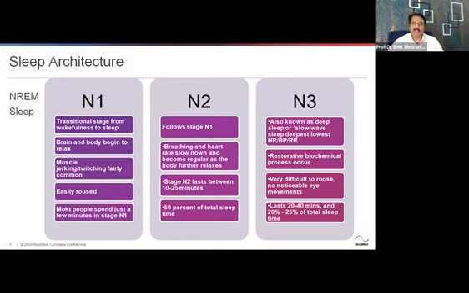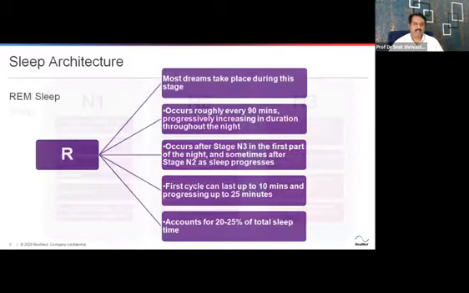Here you find that the person is difficult to rouse. There is no noticeable eye movement, and therefore it is NREM sleep. This is around 20 to 25%, a quarter of the total sleep, and lasts around 20 to 40 minutes. But this is where your thoughts, your learning, it all becomes a consolidated thing.